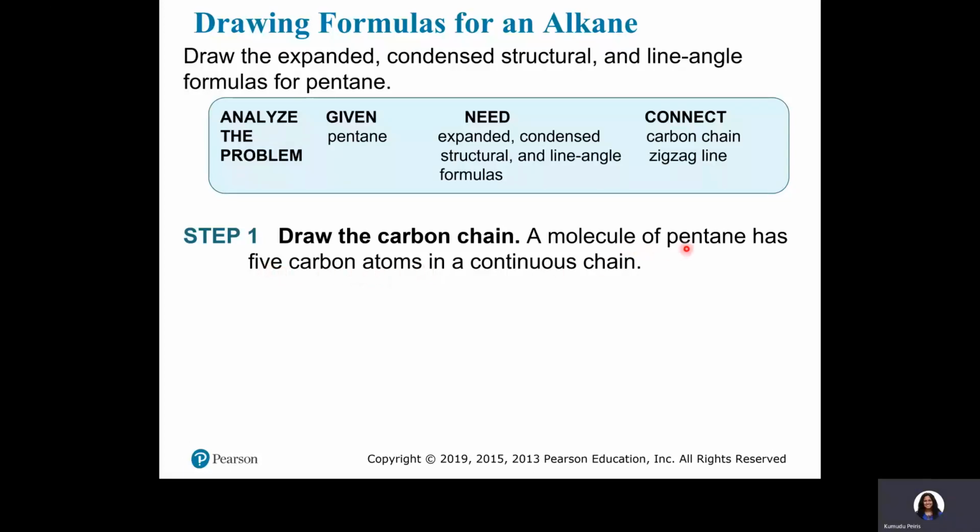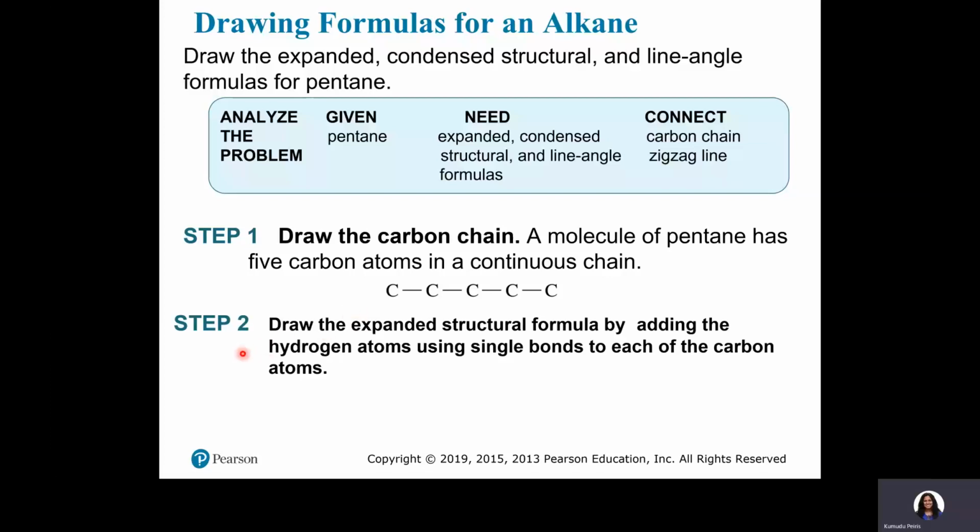I have drawn this continuous structure for pentane: 1, 2, 3, 4, 5. There are 5 carbon atoms in this continuous chain.